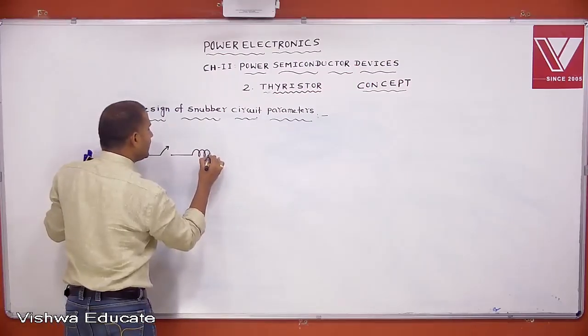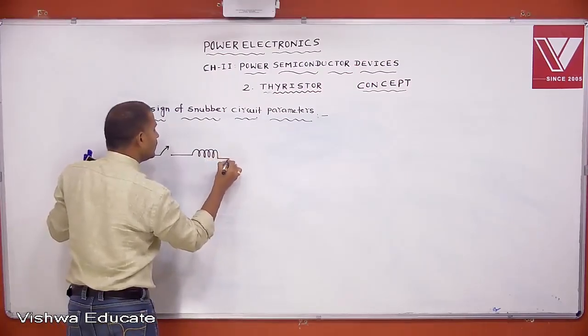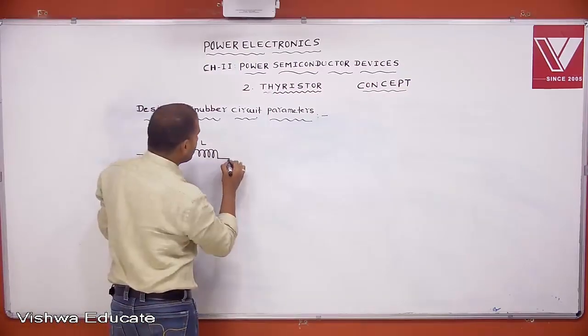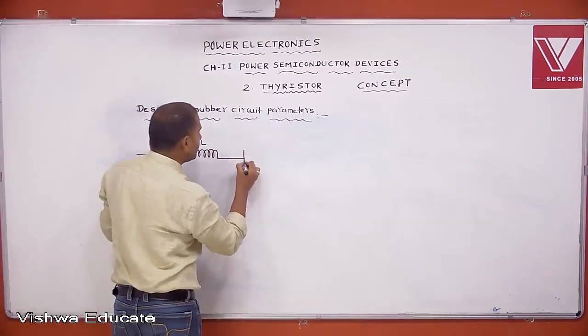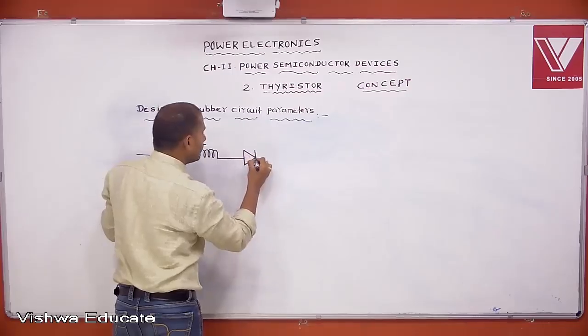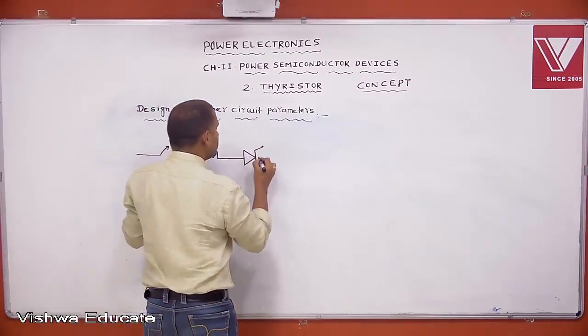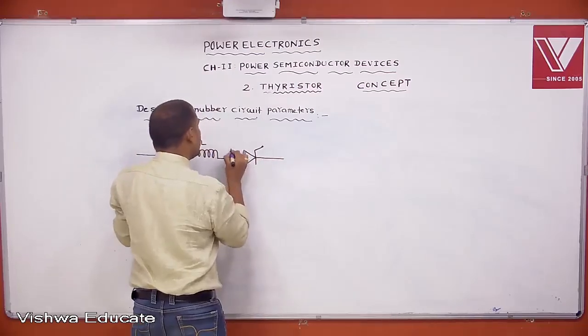The purpose of the inductor is to limit the di by dt, so you are designing by considering the inductor also. This is the thyristor.